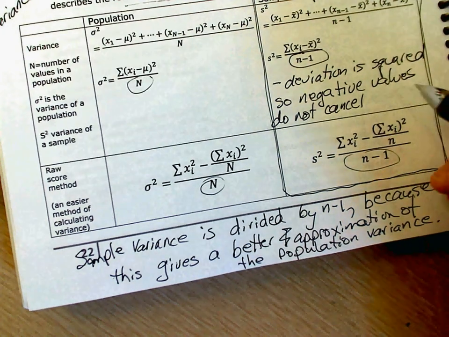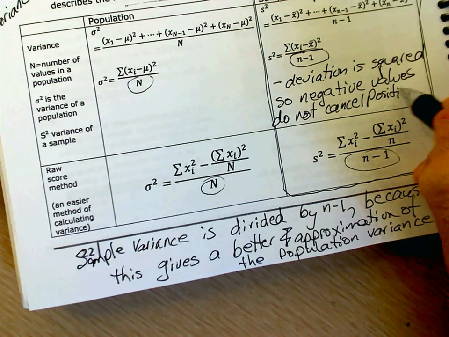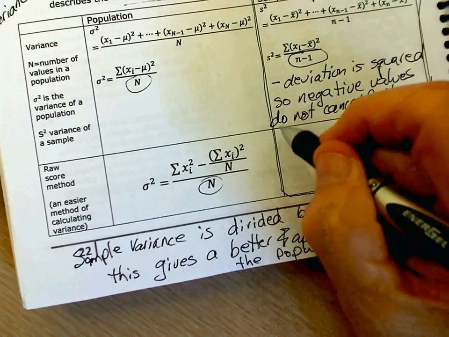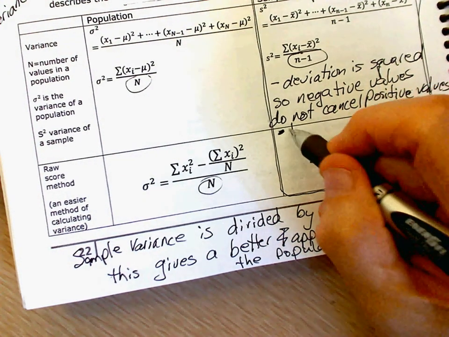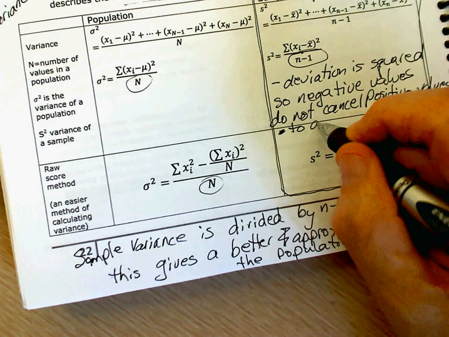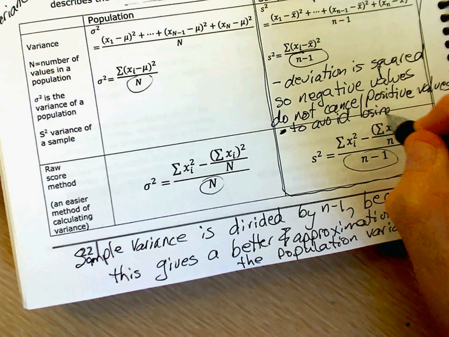Very important. To avoid losing information, because if the positives cancel out the negatives, we're losing information, right?